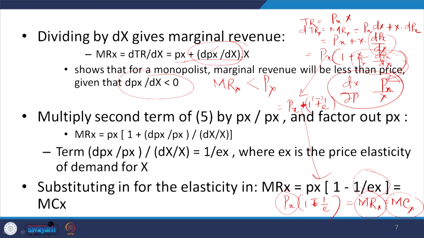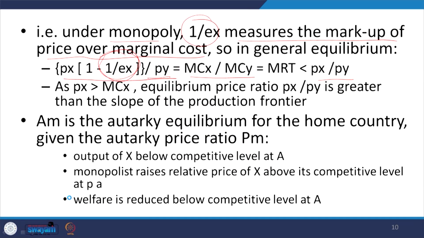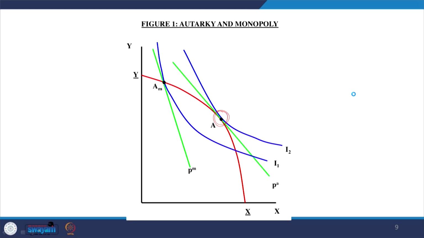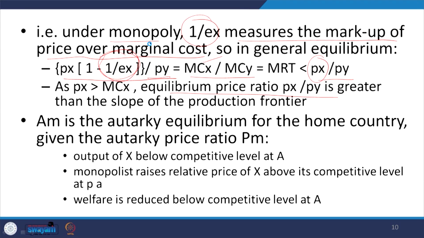So the price they are charging is higher than the marginal cost. Look here, the relative price of X is higher than the marginal cost. As Px is higher than the marginal cost, the equilibrium price ratio, that is Pxy, is greater than the slope of the production frontier. It is given here; the slope is now relatively higher because of monopolistic pricing.